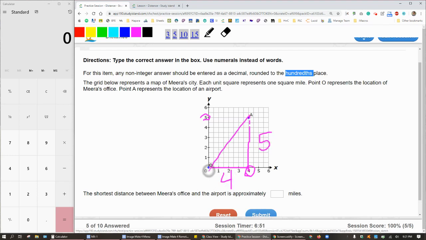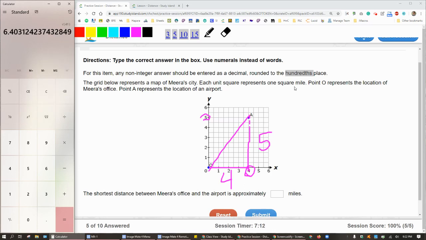We can plug into the Pythagorean theorem: 4 squared plus 5 squared equals the distance between them squared. So you got 16 plus 25 equals 41. So the distance between them is the square root of 41, which is 6.403. Rounded to the nearest hundredth is 6.40. So 6.4 is what we can put in there.